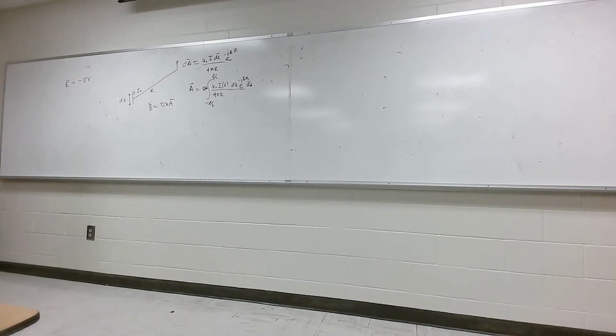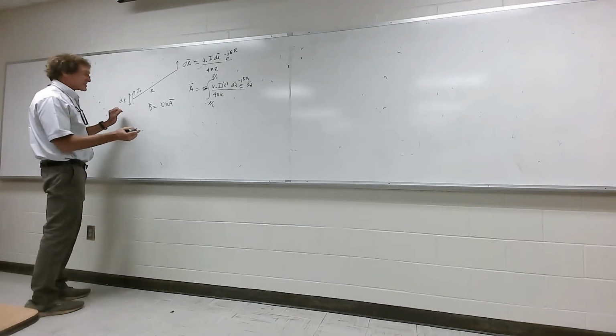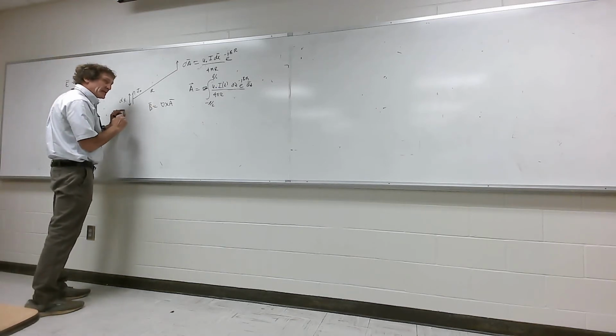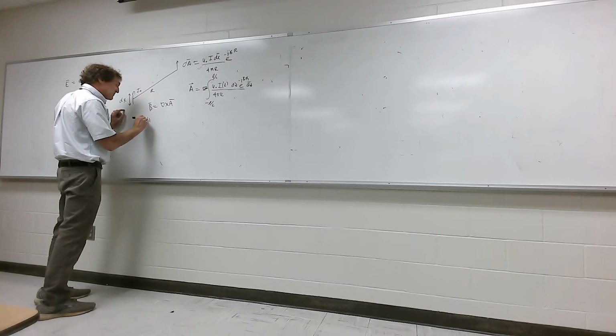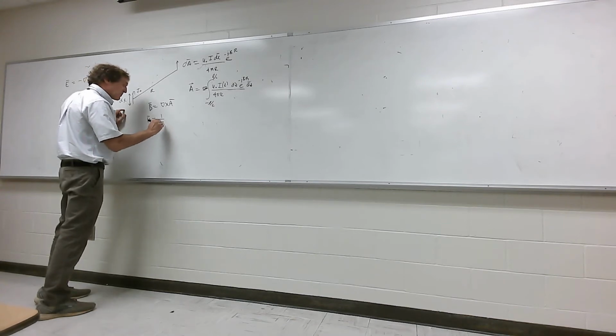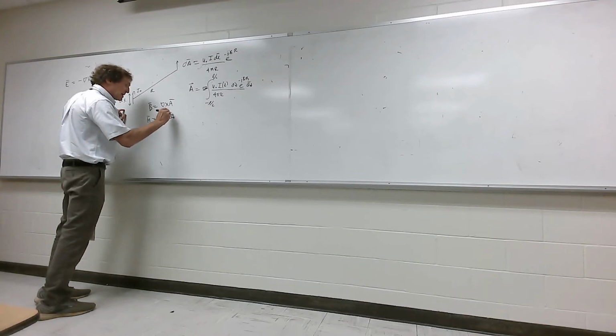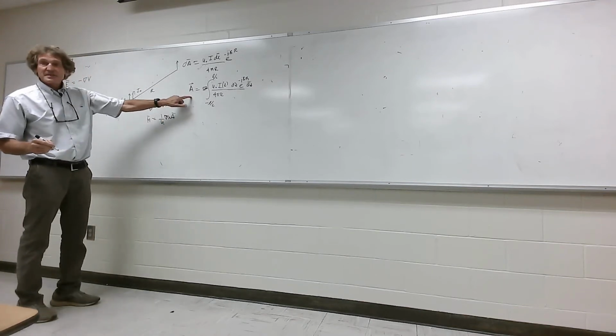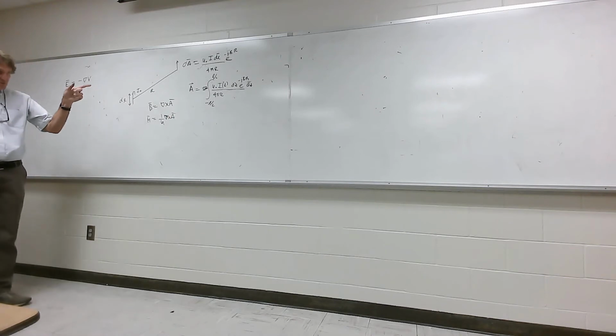I'm not going to do that yet. I'll just leave it at this. And also, by the way, since B is equal to mu H, you can get the H field here by saying it's 1 over mu times the curl of A. Now, this is easy to get for current distributions.